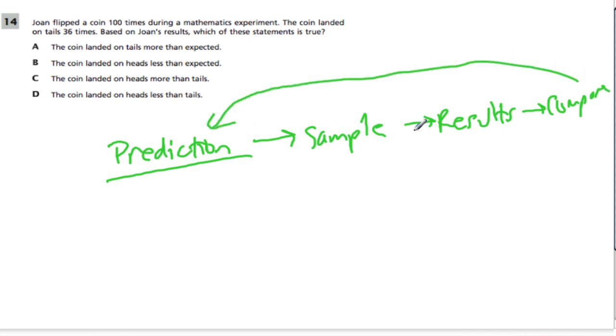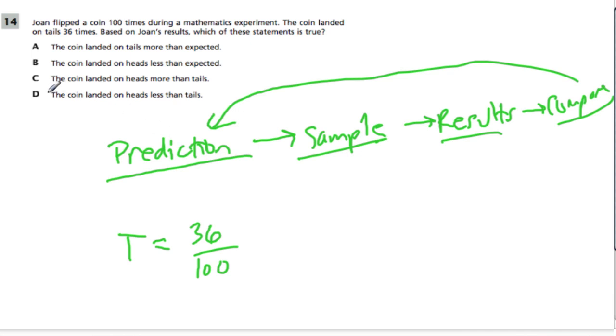This is a loose interpretation of the scientific method. So here, this person's flipping a coin 100 times, and the amount of tails we have are 36 out of 100. And here we have a bunch of results that compare what happened.